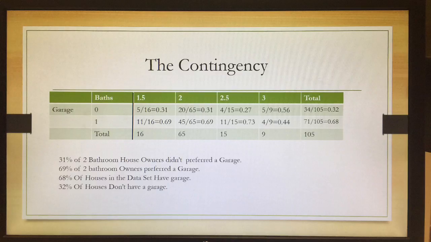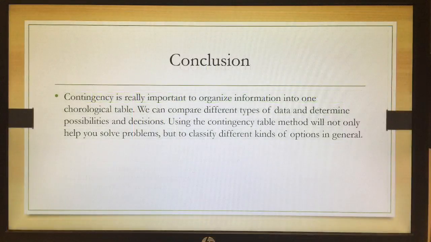But relatively speaking, the ones with the 2 bathroom accommodation most preferred a garage, with 69 percent. So as I said before, guys, the contingency table lesson is pretty easy, pretty simple to grasp, and very beneficial when comparing two variables in any situation such as this.